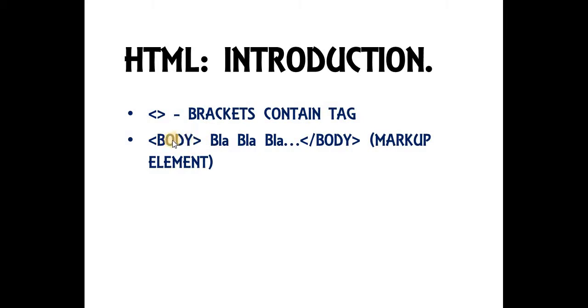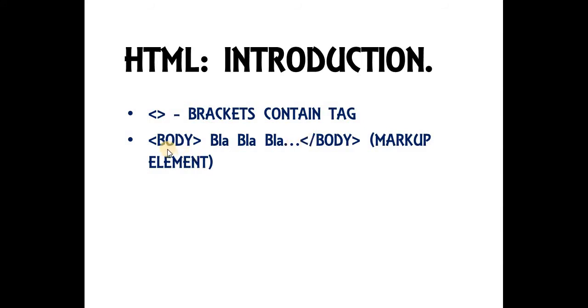And almost every tag in HTML has a closing tag. Therefore, if we have an opening tag, we are likely to have a closing tag. A closing tag is identified by this slash symbol. Every closing tag is identified by this symbol here.